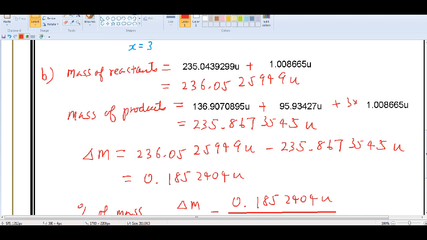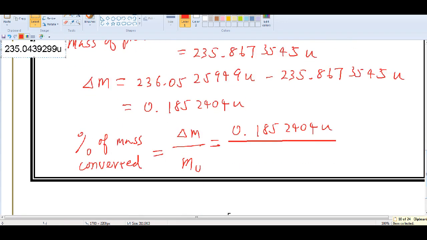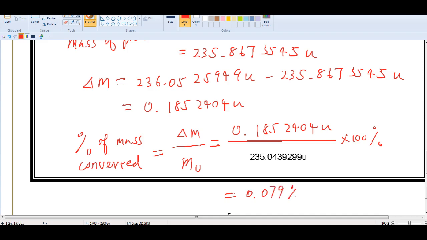Here's the mass of uranium. Then you convert this into a percentage, so you times 100%. It will give you 0.079%. You see, the percentage is very small, but we only need a very small mass to release huge amounts of energy, because that's delta M times c squared.